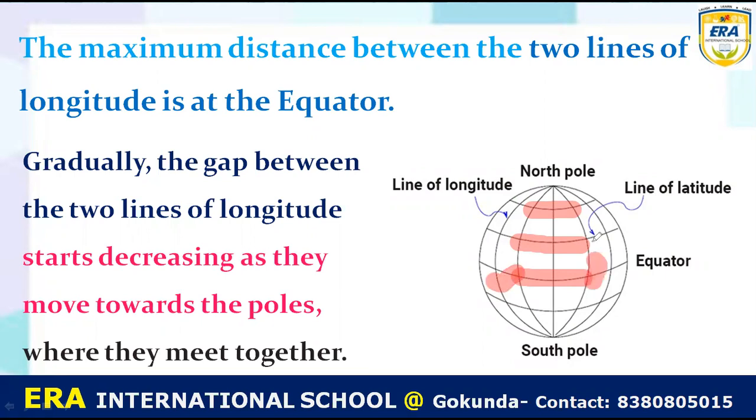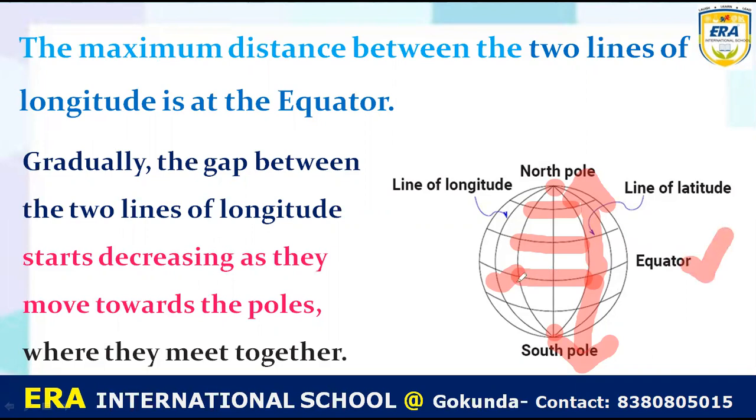As they go away from the equator, their distance reduces. At the poles, they are very close to each other, but at the equator, they are a long distance apart. So the maximum distance between the two lines of longitude is at the equator.